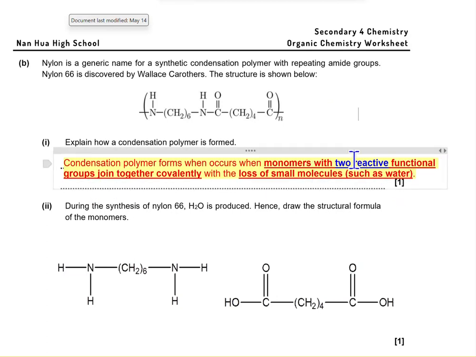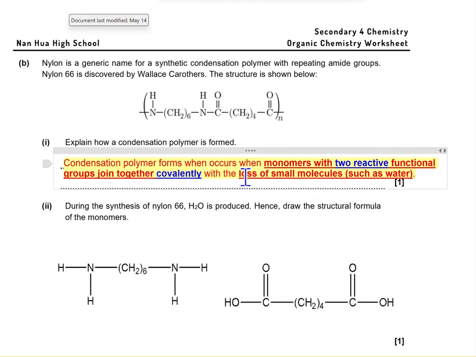Now, why do they say reactive? Because the hydrocarbon group in the center is unreactive. They don't take part in reaction. And those that take part in reaction, of course, are called reactive functional groups, join together covalently. Again, the word covalently we mentioned previously. Even in addition polymerization, the carbon-carbon double bond allows the carbon to join to the other carbons using covalent bond, covalently.